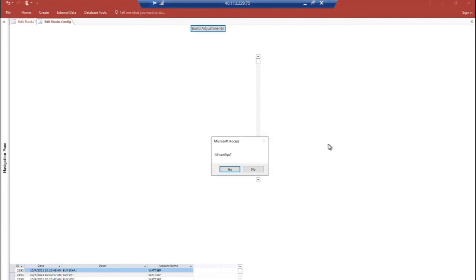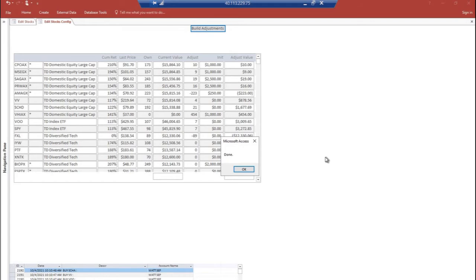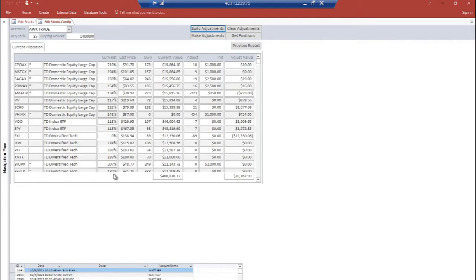And between periods, every month, I may have taken a certain investment out of the portfolio and put one in. So it's basically going to tell me this is what you need to buy and this is what you need to sell to be at a 35% representation of your portfolio. So it's telling me that right now I have 466,000 invested.